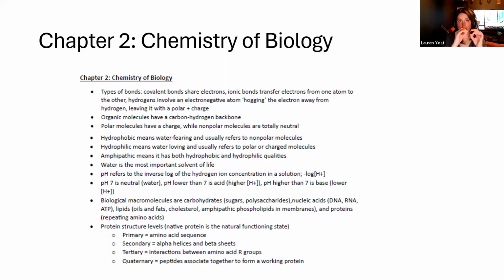It can, in some cases, be functional. A lot of times, once we get that big old conglomerate made, they have to go find a buddy. It might be the same kind of buddy, or it might be some other molecule altogether. But a lot of times we need other things to bind with us to make us functional.